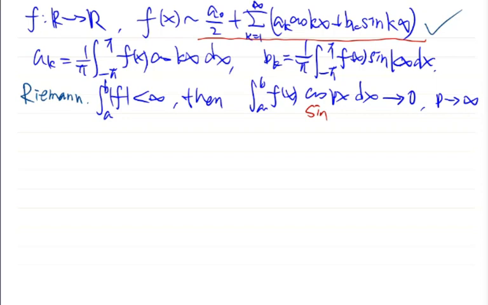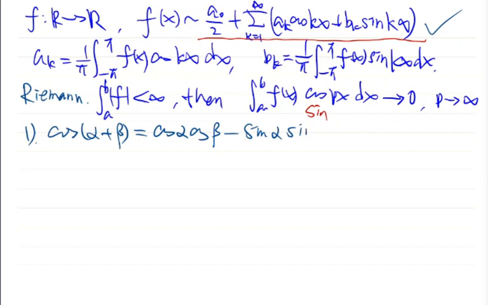So for this purpose, we need to compute the partial sum of the Fourier series. In the computation of the partial sum, we need some formulas. The first formula: cosine of (alpha plus beta) is cosine alpha cosine beta minus sine alpha sine beta.